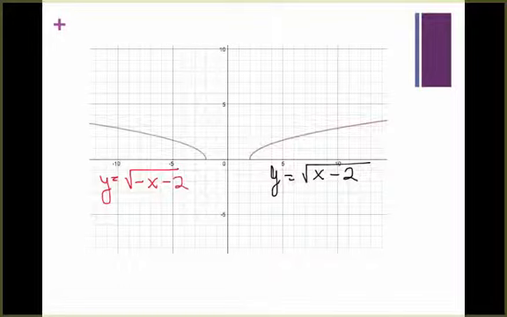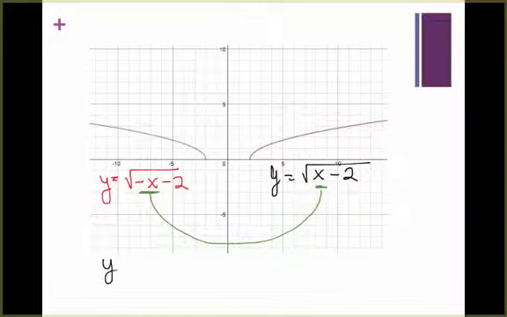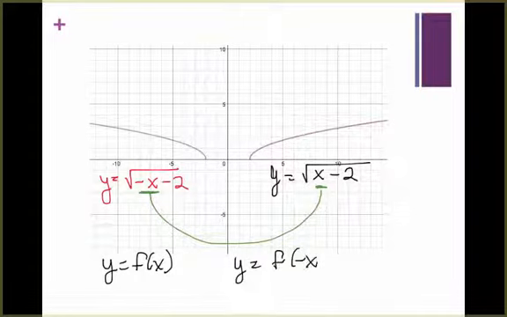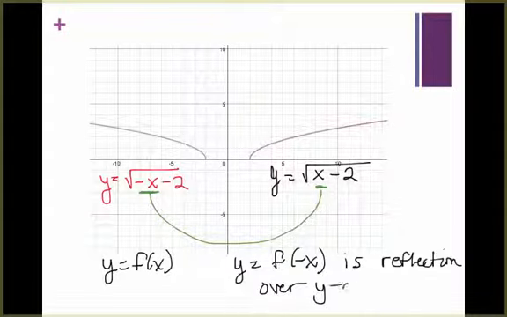The big change we should see here is that we have replaced our x in our first equation with negative x in our second equation. So when we have the graph of y equals f of x, then if we replace all the x's with negative x, we get y equals f of negative x. Our graph is going to be the reflection over, or across, the y-axis.